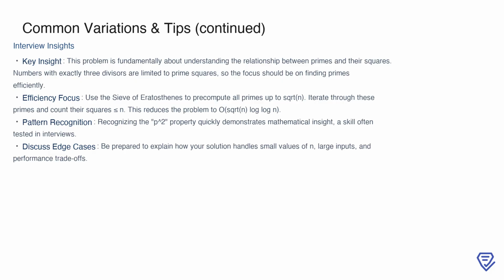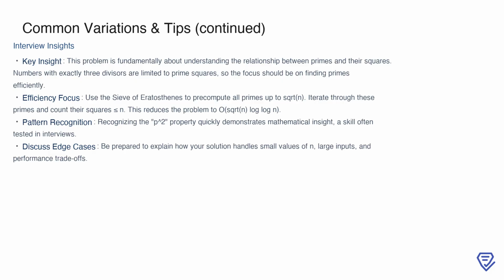Understanding the deeper mathematical insight behind this problem is key. Here, the relationship between primes and their squares is fundamental. Only the squares of prime numbers have exactly 3 divisors, so the focus should be on identifying primes efficiently. The sieve of Eratosthenes is highly effective for pre-computing all primes up to the square root of n, and from there, you can count their squares that are less than or equal to n.